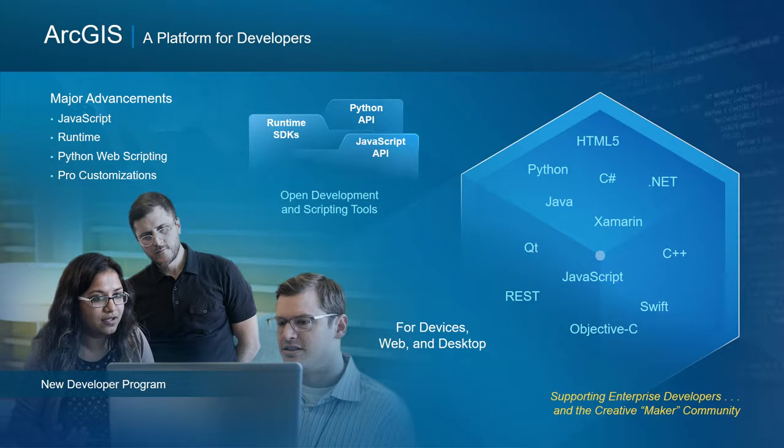Here we've made a lot of improvements in our JavaScript, runtime technology, Python for web scripting, as I talked about a moment ago, and also Pro customization. And this, I think, ladies and gentlemen, perhaps you're not a developer, but having this ecosystem of developers doing this important work is really very, very enriching to our whole system.